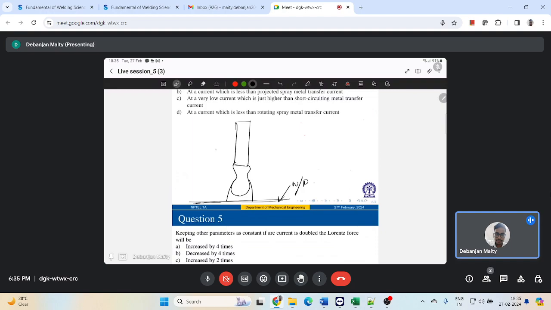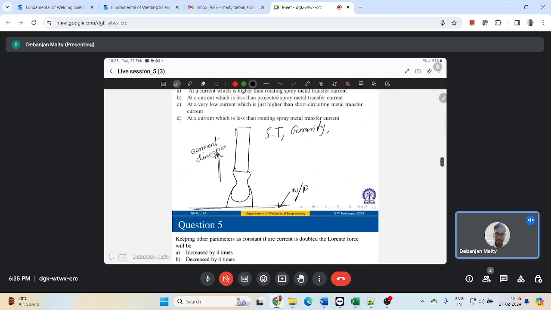Let's say this is my current direction. What are the forces we talked about? We talked about surface tension, gravity, and the Lorentz force, due to electromagnetic interaction, right?